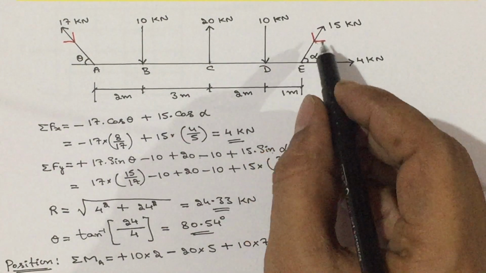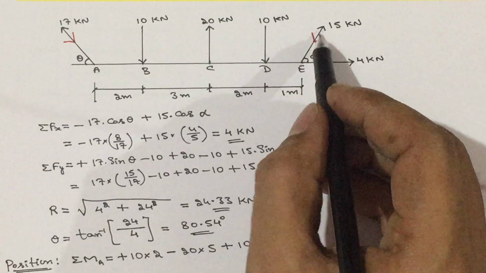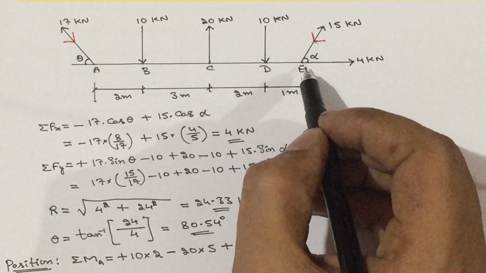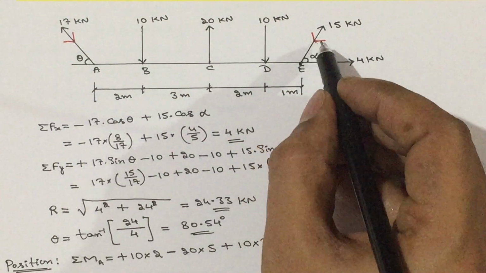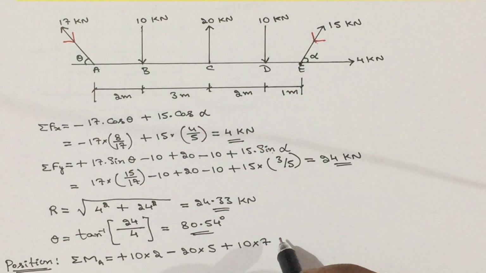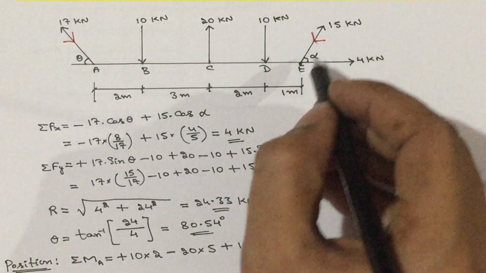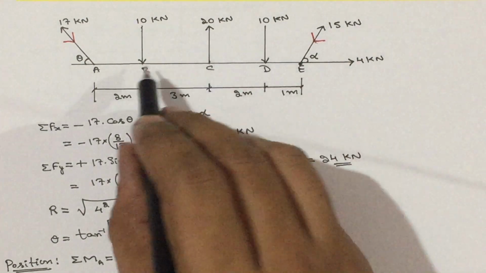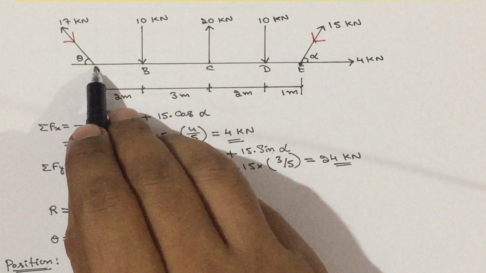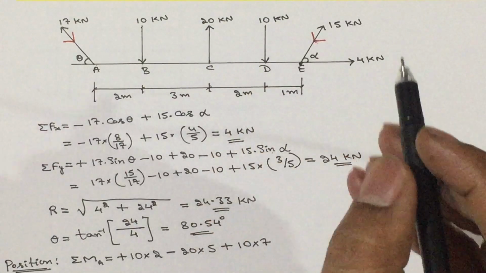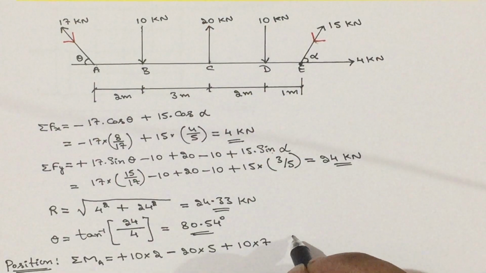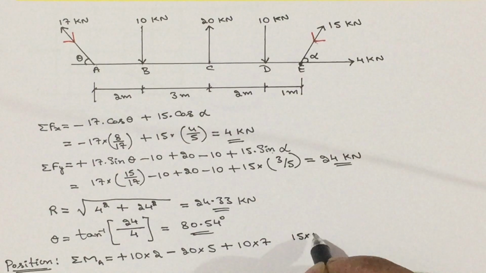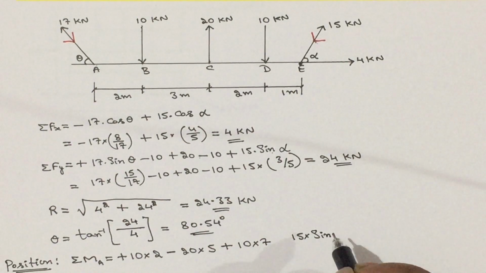Then next one is, since it is inclined and it is acting at the point E, the horizontal component is 15 into cos of alpha, but it is passing through the point A, so we will neglect it. Then the vertical component is 15 into sine of alpha.